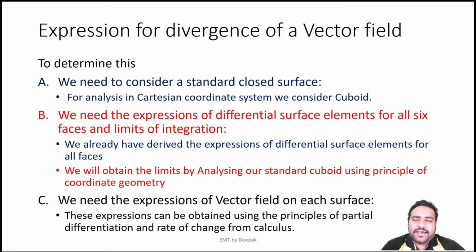To find the numerator part, we need the differential surface elements, which we already have. You might have seen them. We will go back there again. But we need to obtain the limits. How do we obtain the limits? To do that, we use the principles of coordinate geometry.